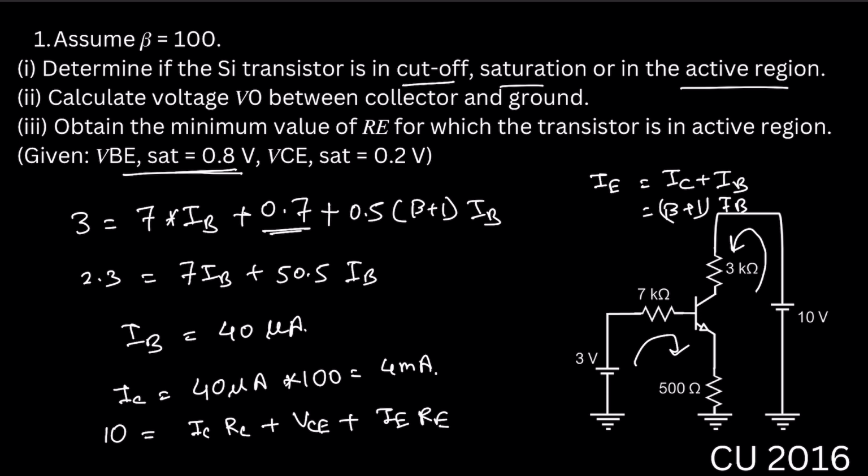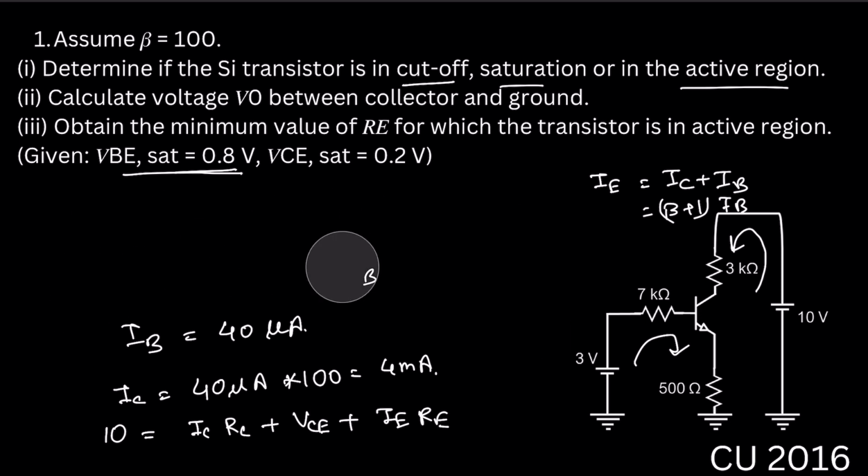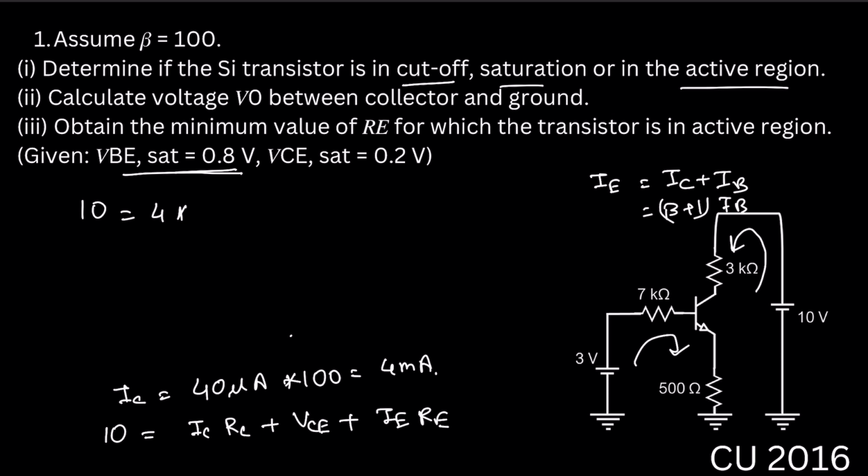Okay, then just put the value of IC, 4 milliampere multiplied by 3, plus VCE plus IE, or you can write that as IB plus IC multiplied by 0.5.